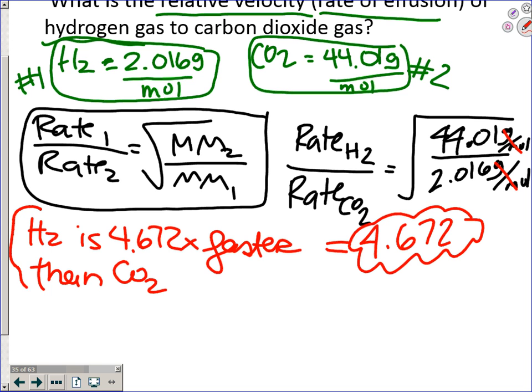Good. So you could say the velocity of H2 is 4.672 times faster than the velocity of CO2. You could say hydrogen gas effuses at 4.672 times faster than CO2. Regardless, I want you to say the lighter one is X times faster than the slower one, or the bigger one. You guys good with that?